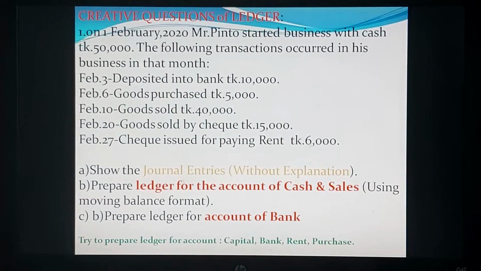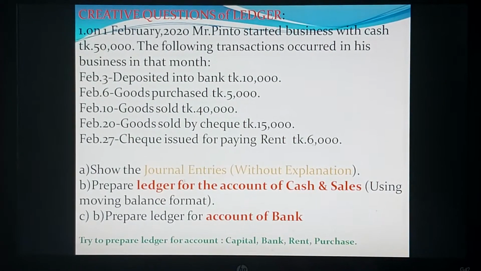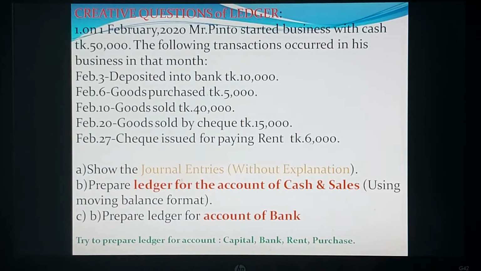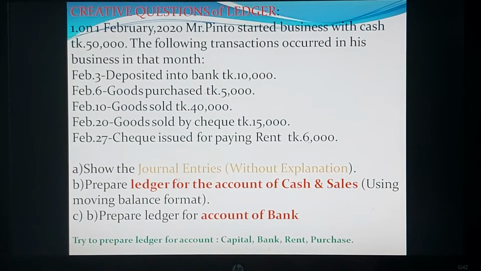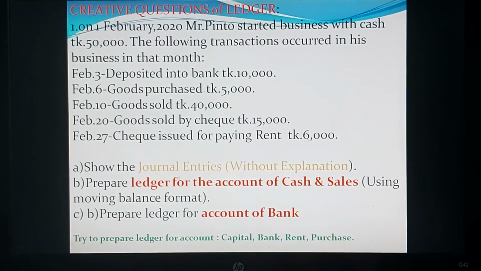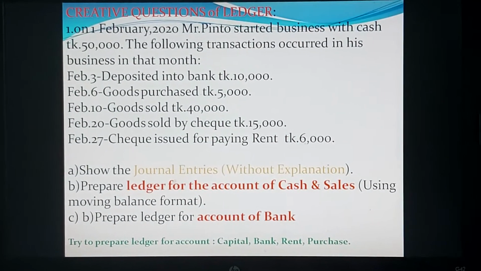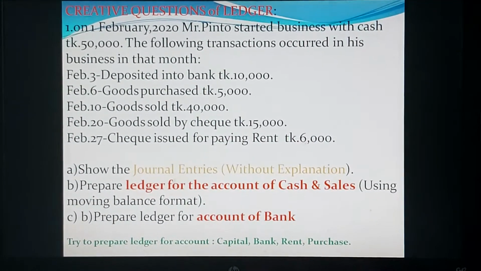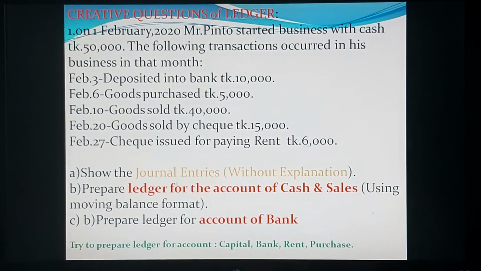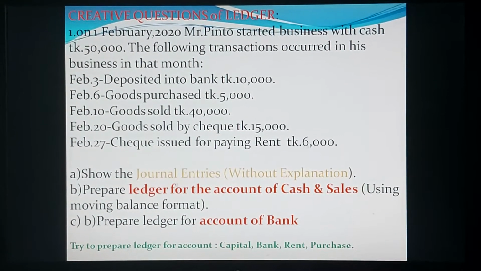I am reading just for the time being. At the time you can write in a hurry. On 1st February 2020, Mr. Vint started business with cash taka 50,000. The following transactions occurred in his business that month.